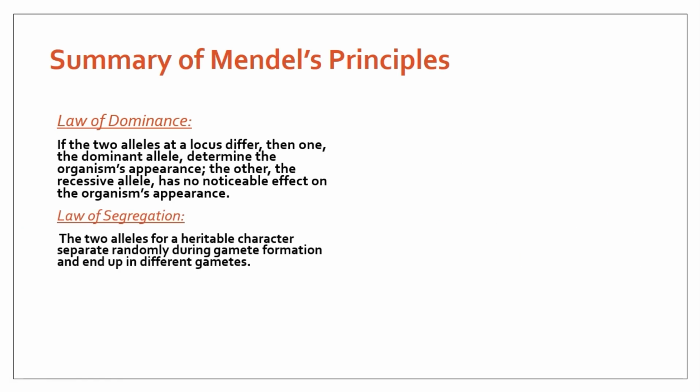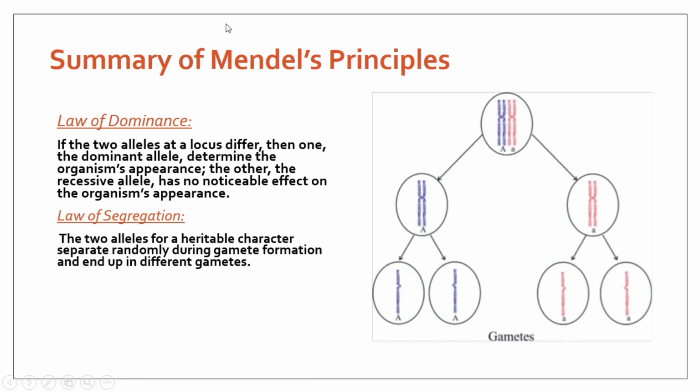The second principle of Mendel is the law of segregation. If you remember, we said that inside cells, for each characteristic, we have a pair of chromosomes. During gamete formation, during formation of sperms and eggs, a series of meiotic cell divisions occurs.